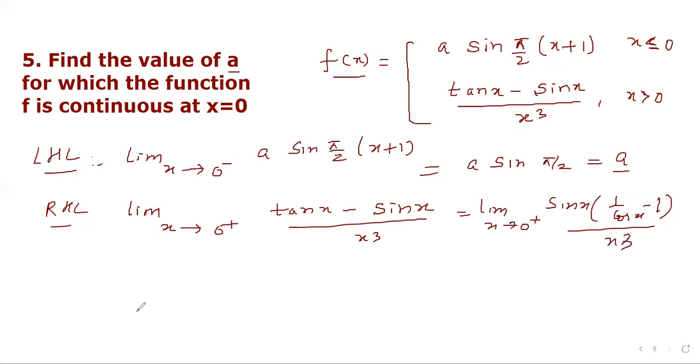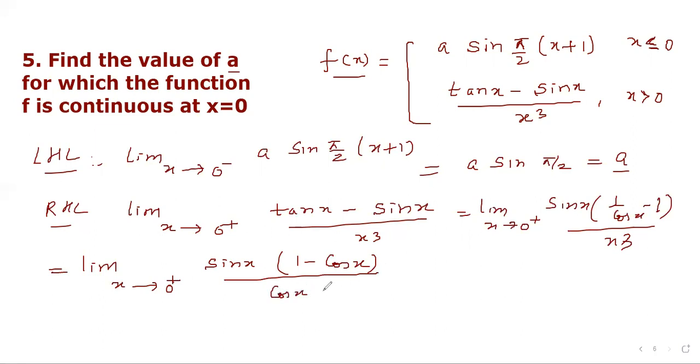Now let's write it further, which is equal to limit x tends to 0 plus sine x times (1 minus cos x) divided by cos x times x cube.